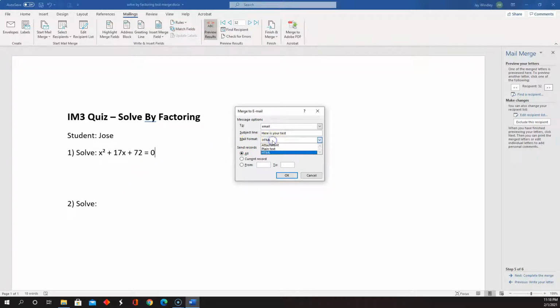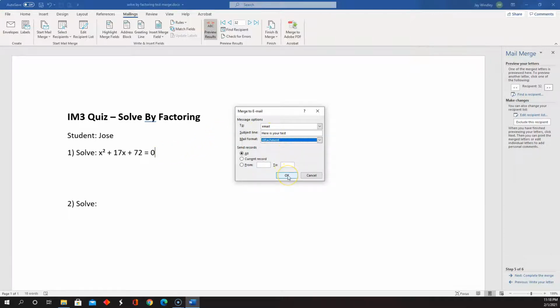So I'm going to click here on Attachment, and it'll create one Word document for every student on the list. It'll create the Word document, and send that student an email with the Word document as an attachment. So that's what we want to do.